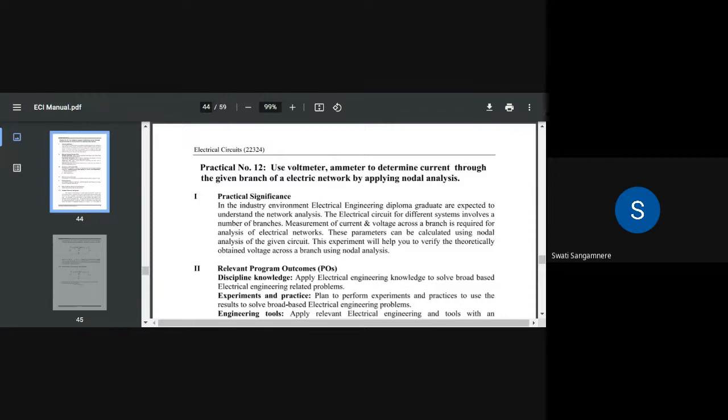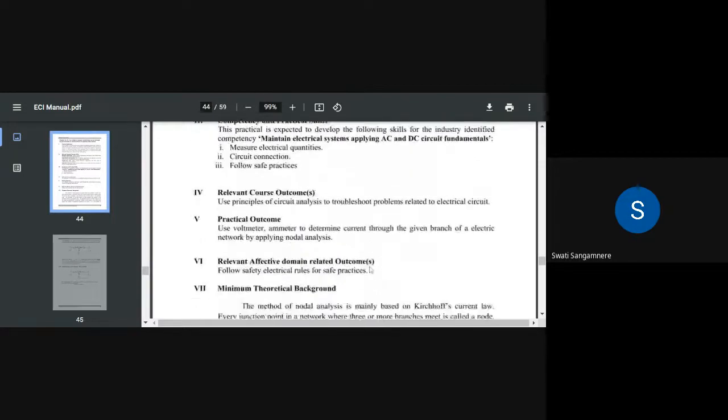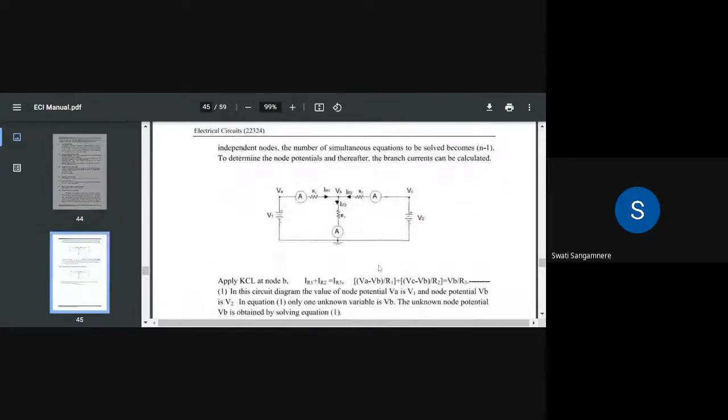So we can measure current and voltage across a branch using nodal analysis. This is the circuit diagram, which consists of two voltage sources, three resistances R1, R2 and R3, and three ammeters for measuring the current flowing through these resistances.